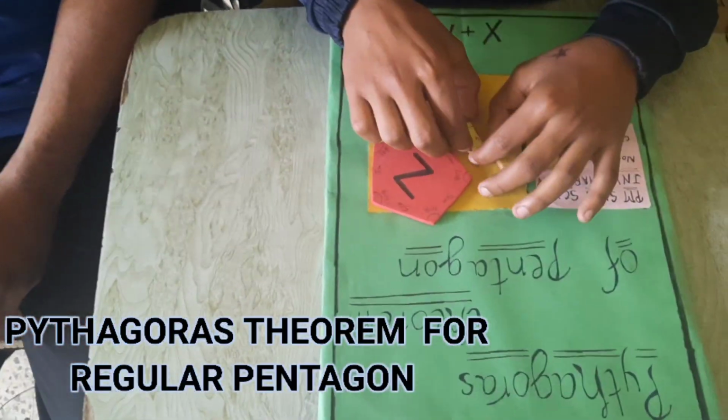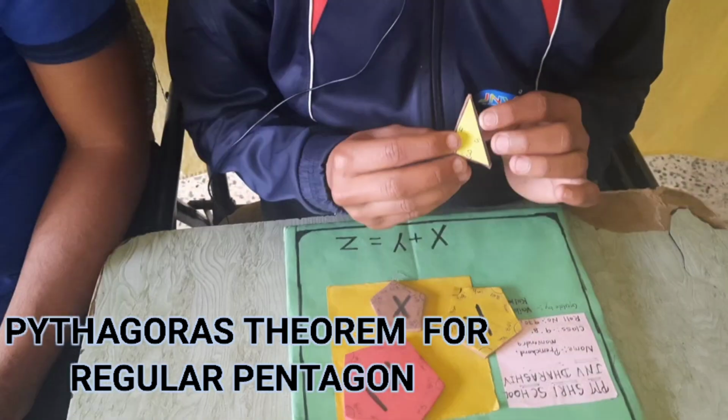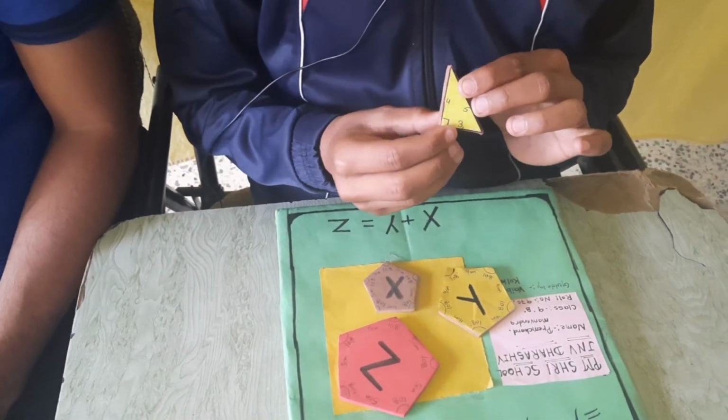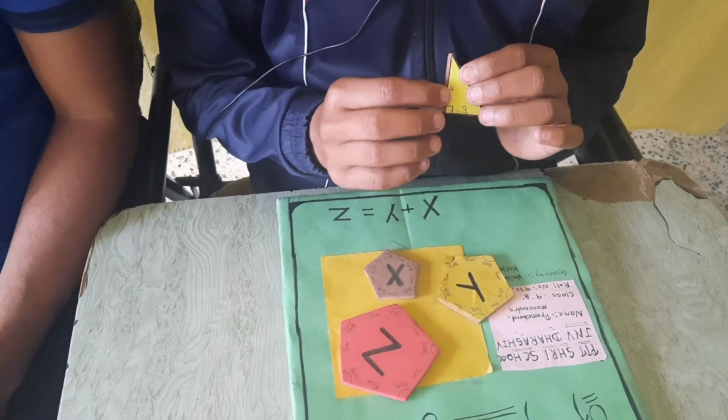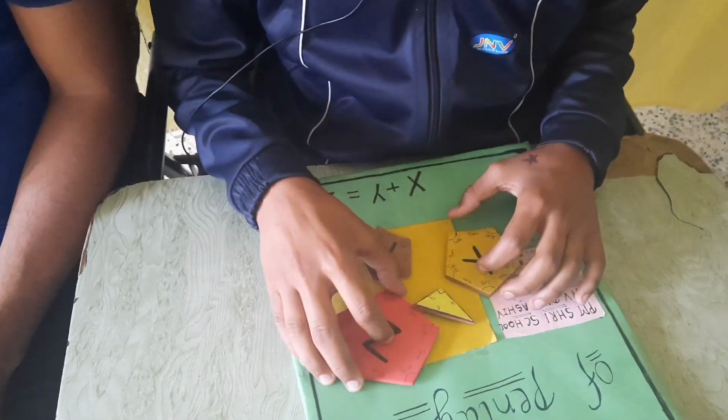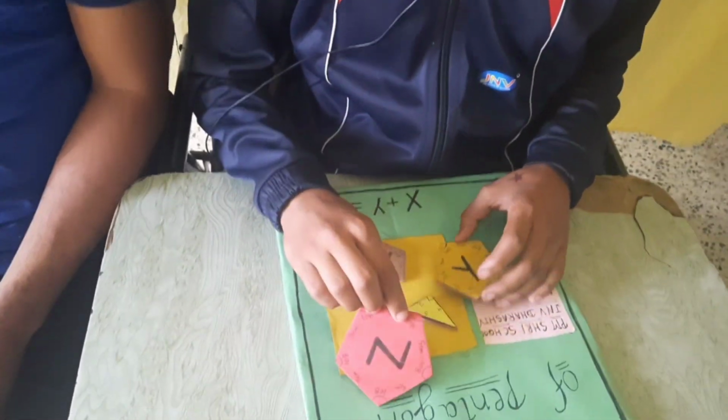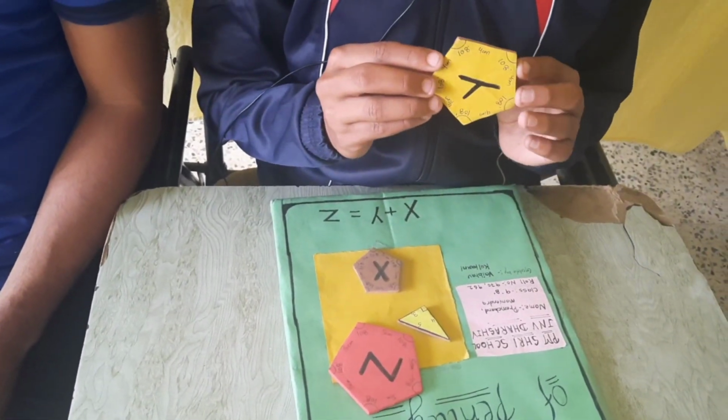Myself Manu. And myself Brendan. Today I am explaining the Pythagoras theorem of pentagon. This is a right triangle, hypotenuse 5 cm, base 3 cm and perpendicular side is 4 cm. This is the pentagon, its side is 5 cm. This is also a pentagon, its side is 4 cm.